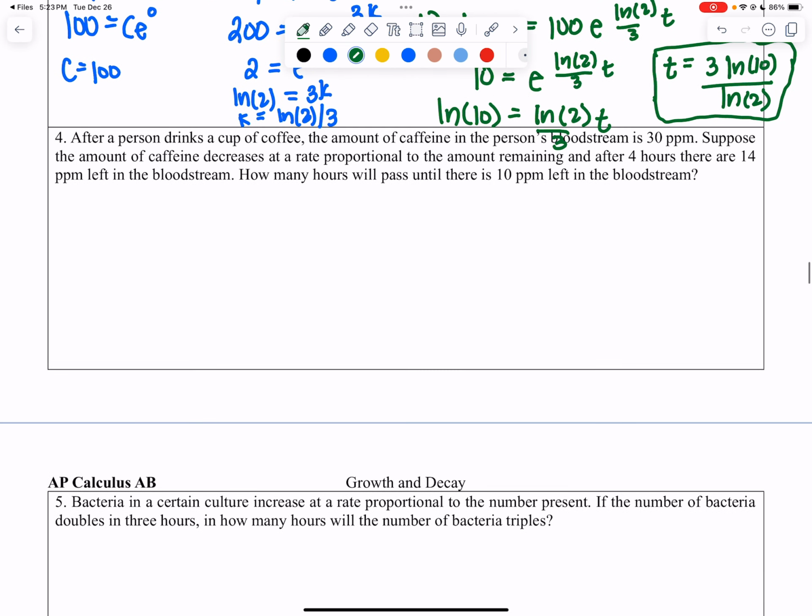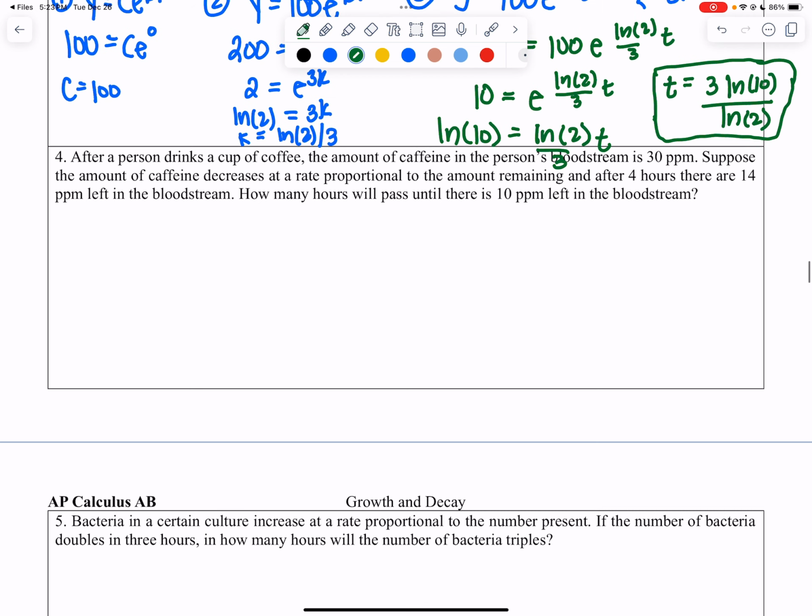All right, number 4. After a person drinks a cup of coffee, the amount of caffeine in the person's bloodstream is 30 ppm. Suppose that the amount of caffeine decreases at a rate proportional to the amount remaining, and after 4 hours, there are 14 ppm left in the bloodstream. How many hours will pass until there are 10 ppm left in the bloodstream?